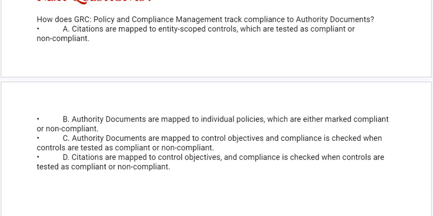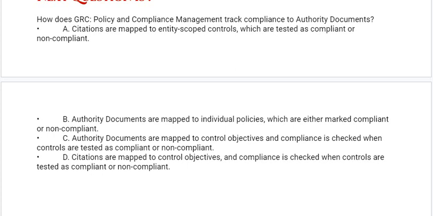Next question is, how does GRC policy and compliance management track compliance to authority documents? Option A. Citations are mapped to entity-scoped controls which are tested as compliant or non-compliant. Option B. Authority documents are mapped to individual policies which are either marked compliant or non-compliant.